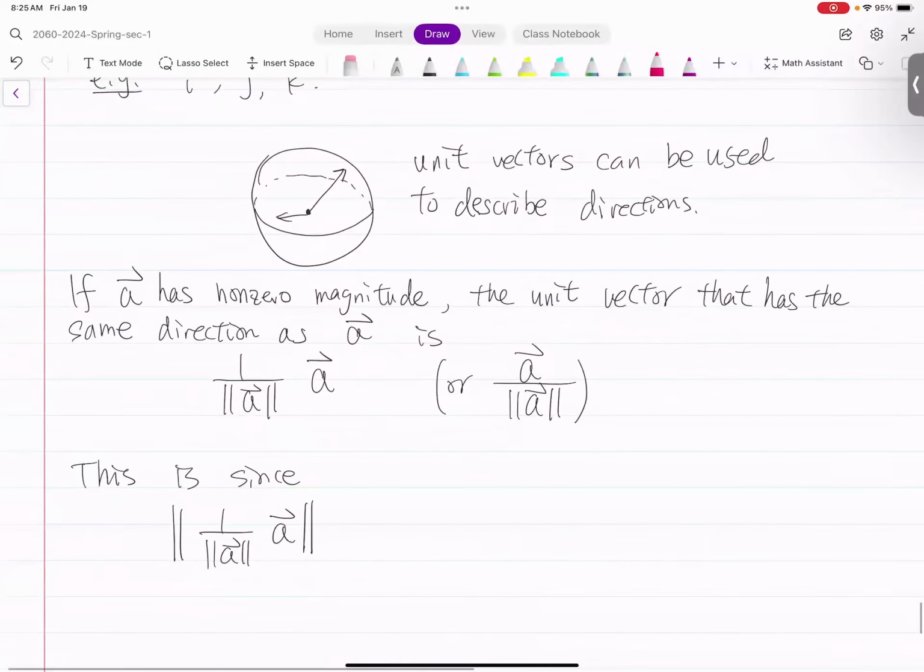Here, 1 over the magnitude is always a positive number, so we can take it out. And now within the magnitude, we only have the vector A left. So we have the magnitude of A divided by the magnitude of A, which is exactly 1, since it's a positive scalar.